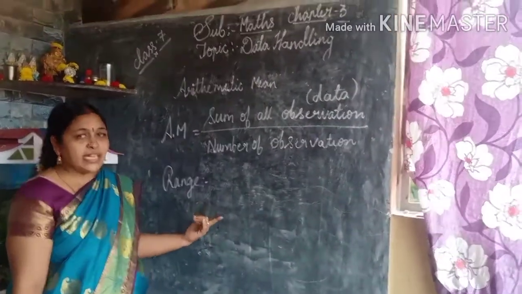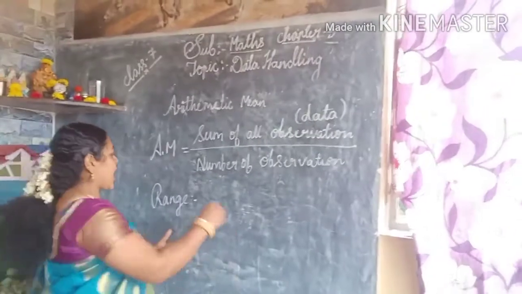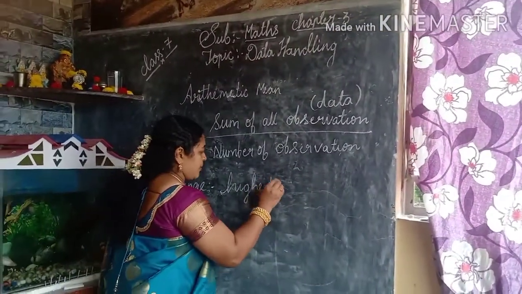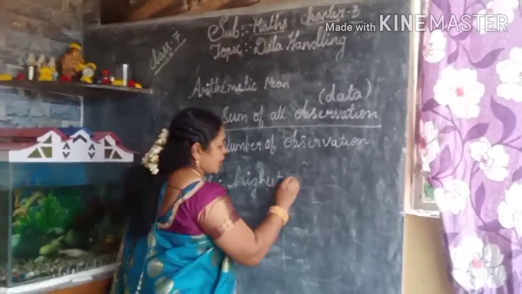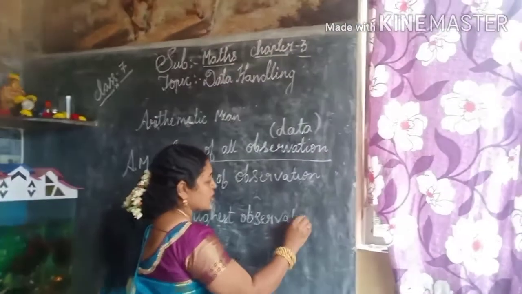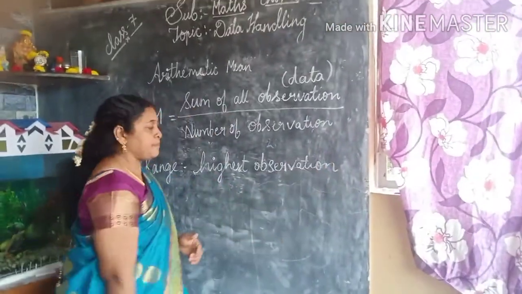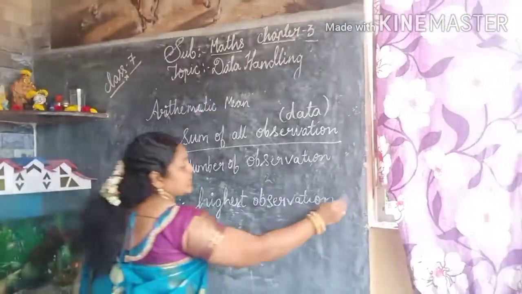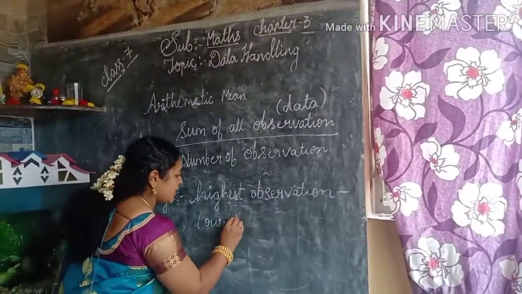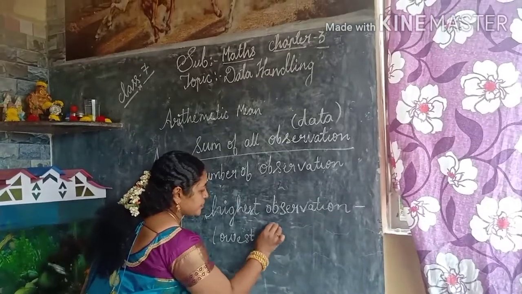Range is nothing but the difference between the highest observation and the lowest observation. What is the highest observation? Among all the data that you have collected, what is the highest data? And subtract it by the lowest data or lowest observation.